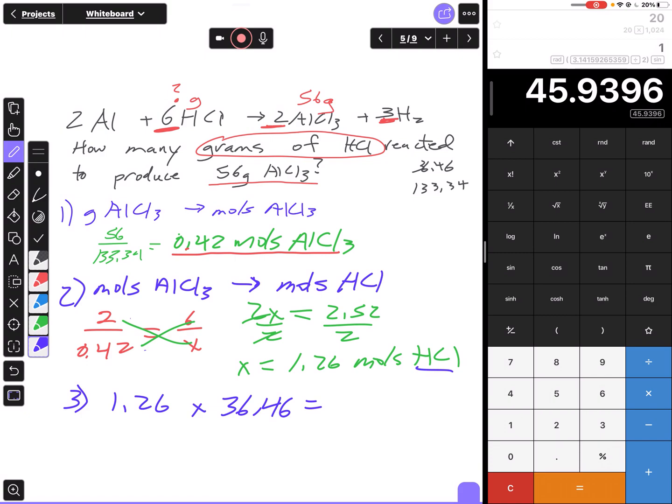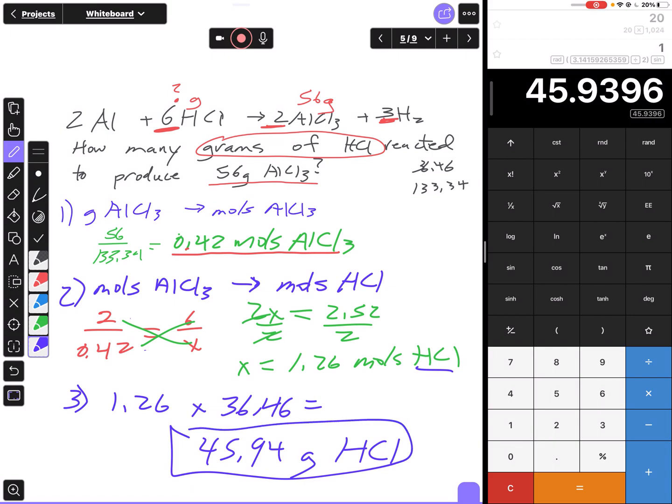And I get 45.94 and my units would be grams of HCl. So theoretically, on paper, to produce 56 grams of AlCl3, I would need to start with 45.94 grams of HCl. That's what I've calculated on paper.